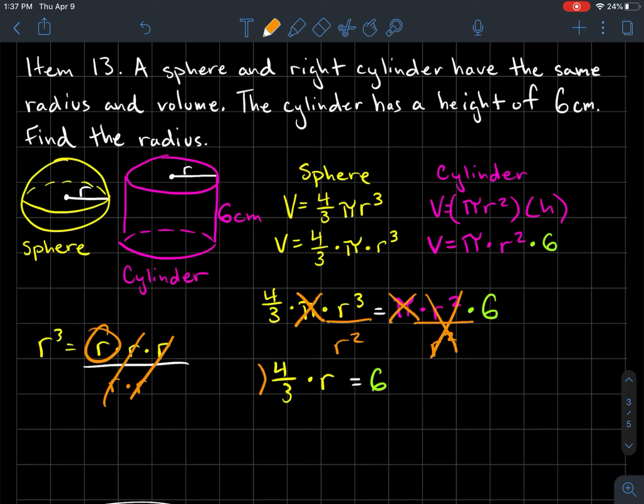Well, it's simple, right? You just multiply by, and you probably all said it out loud, its reciprocal. This will allow me to cancel out that here, and I could actually do my multiplication here by multiplying by 3/4. This 6 is over 1, and now I can do my multiplication. What is 6 times 3? Well, it's 18. And 18/4 is going to be our answer for the radius.